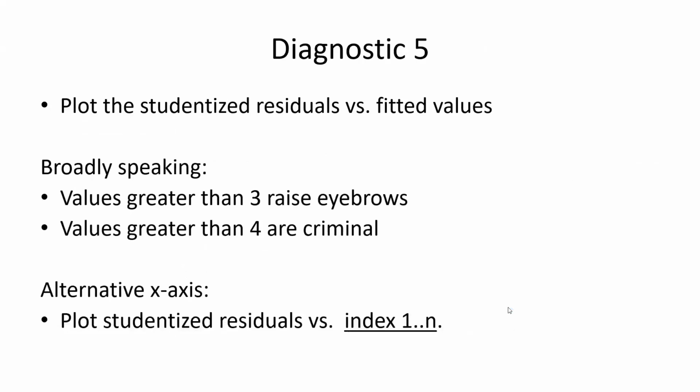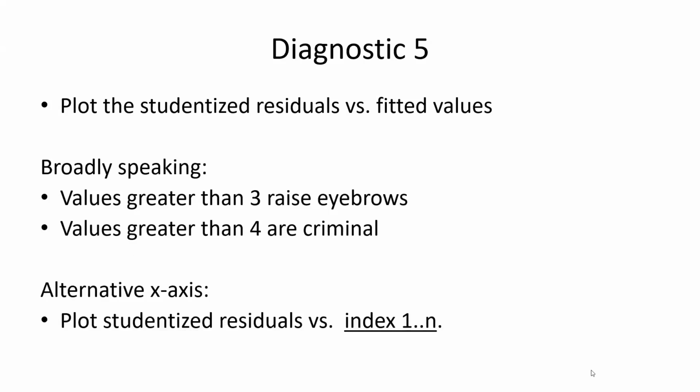All right, so if we find studentized residuals that are greater than 3, then we want to raise some eyebrows and think about it. Of course, this could happen, right? If you have 1,000 observations, it should happen 3 times. Now, if you have values greater than 4, we're looking at criminal observations here, so that is not happening.